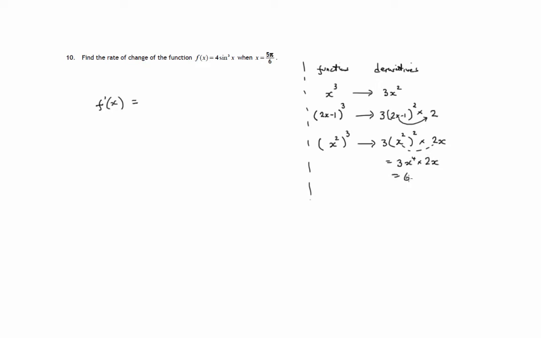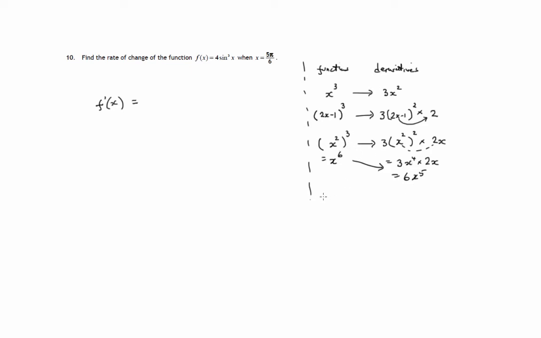And 3 2s are 6, x to the 4th times x is x to the 5th. And of course this is x to the 6, x squared times x squared times x squared. And when we differentiate x to the 6 we get 6x to the 5. It's a nice little demonstration that the chain rule makes sense.